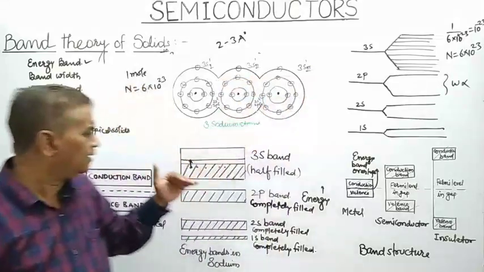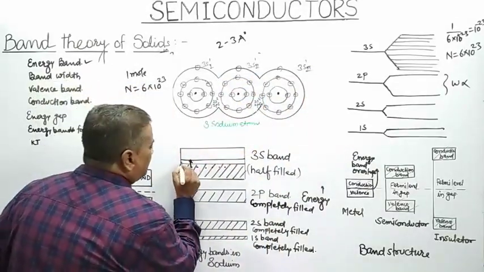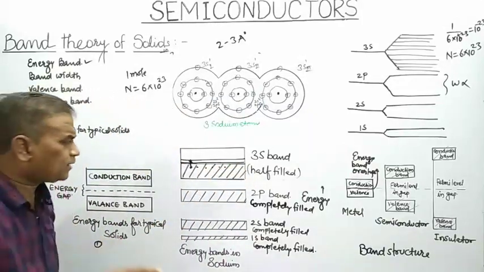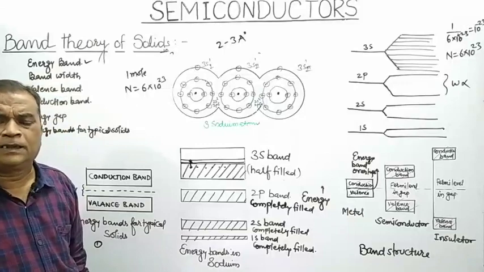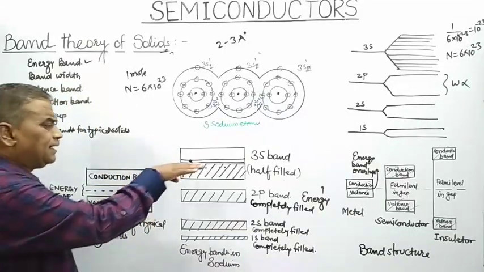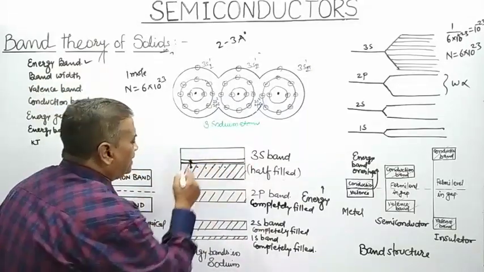The immediately next energy level, here is the immediately next energy level, is what an electron from the valence band can occupy. This is the valence band and here is the immediately next energy level.